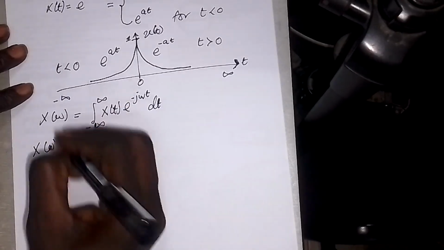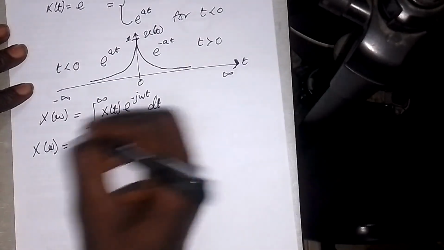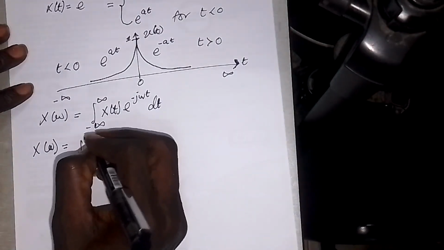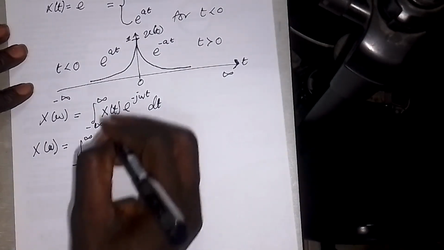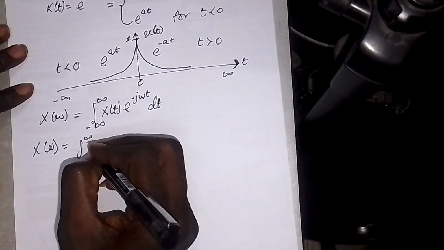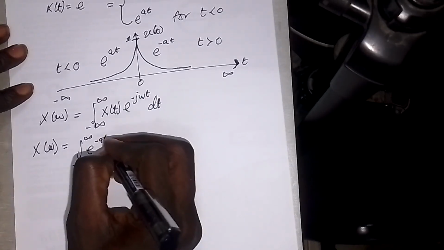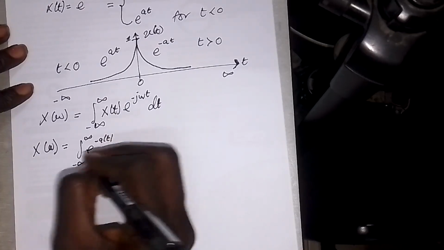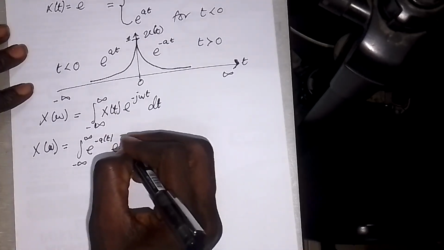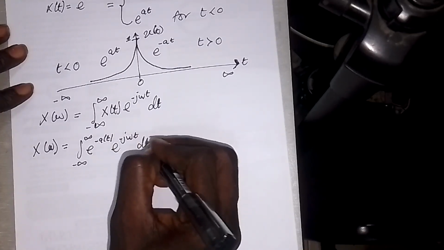So X of omega equals the integral from minus infinity to infinity of x of t, where x of t is simply e exponent minus a mod t, into e exponent minus j omega t dt.